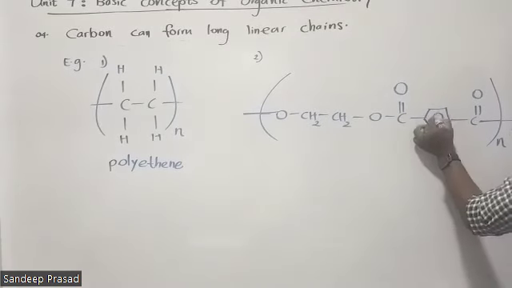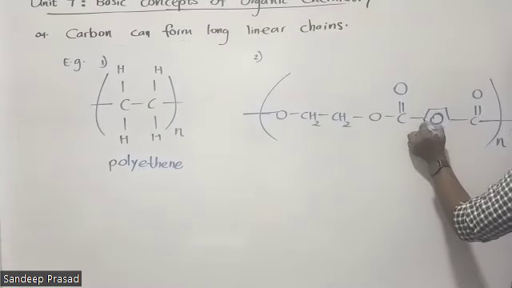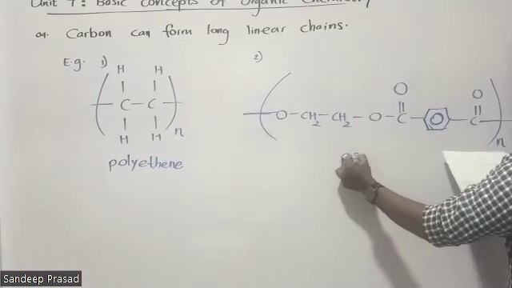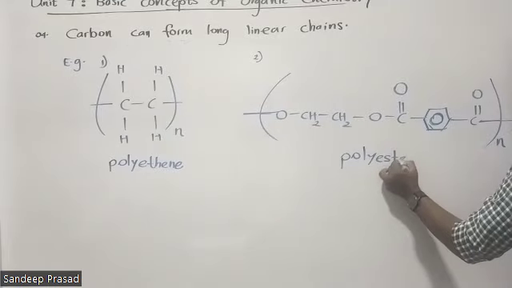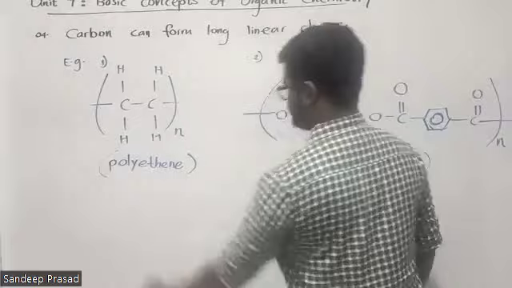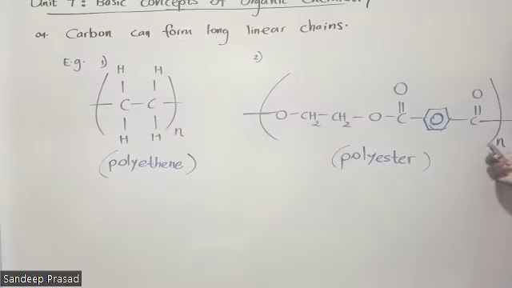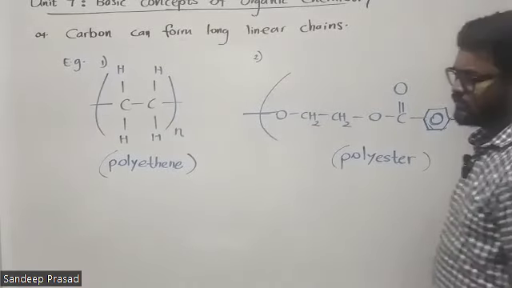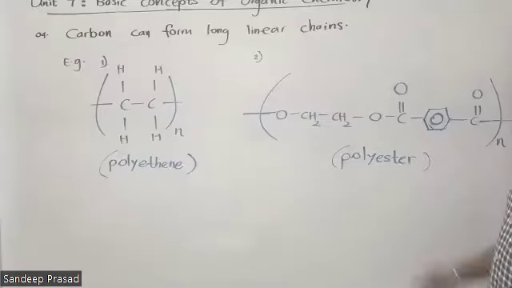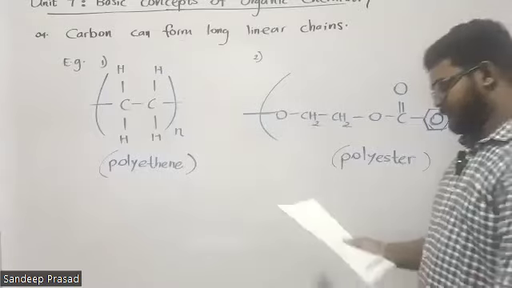This is also a carbon-containing compound. This polyester is also continuing. N times means we can't guess what the number is. It can be 100, 1000, millions. We don't know. So this is a polyester, a long linear chain, uncountable.